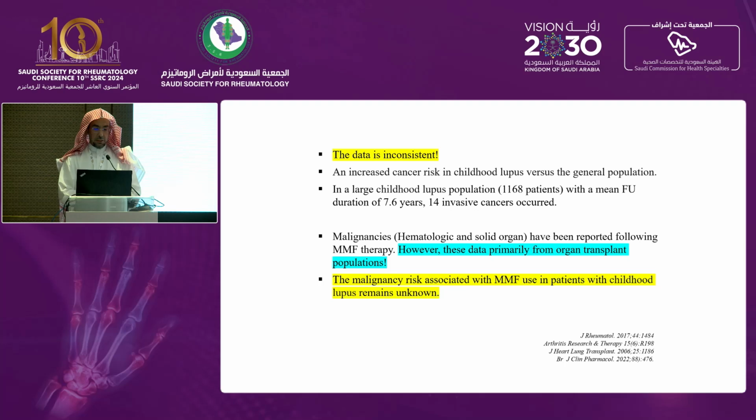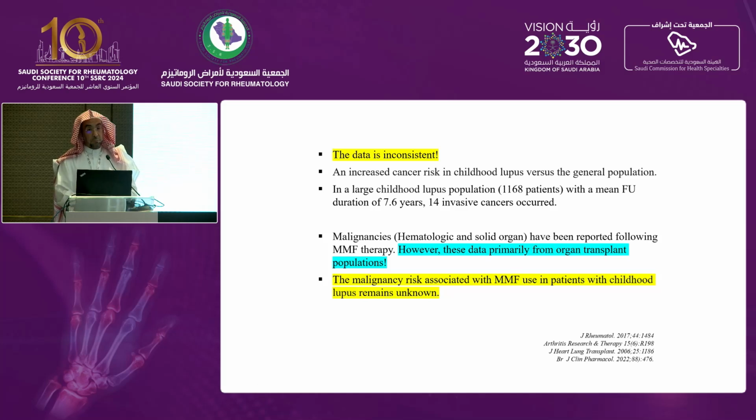We don't know exactly, but there is increased cancer risk in childhood lupus versus the general population. And using MMF in patients, probably it's more, but we have to remember most of these data came from the organ transplant population because they are using higher doses. So we are not sure about lupus patients using MMF.